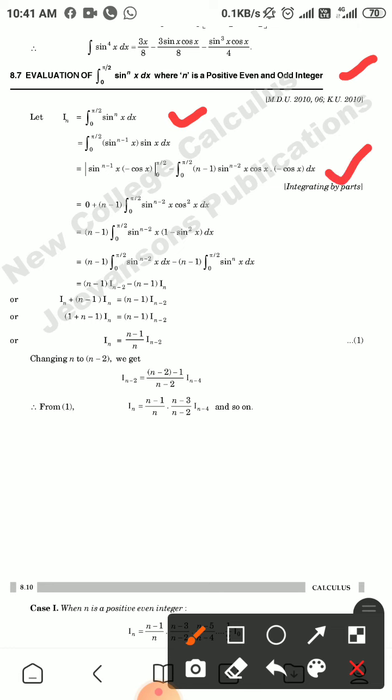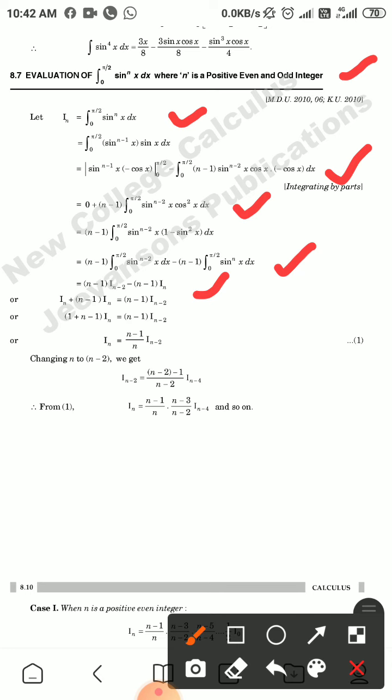Now, in the first term, putting upper limit and lower limit, this gives 0 value, and in the second term taking the constant term outside, this becomes n minus 1 integration 0 to pi by 2 sin raised to power n minus 2 x cos²x, and now using cos²x as 1 minus sin²x and distributing the integral, we have In is equal to n minus 1 times I(n minus 2) minus n minus 1 into In, and taking similar integrals to the left hand side and other terms to the right hand side.